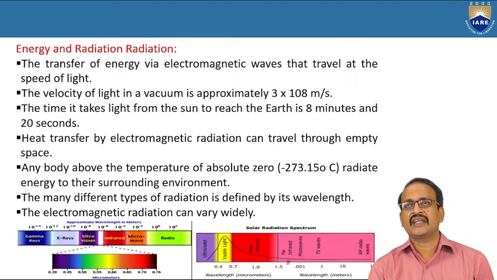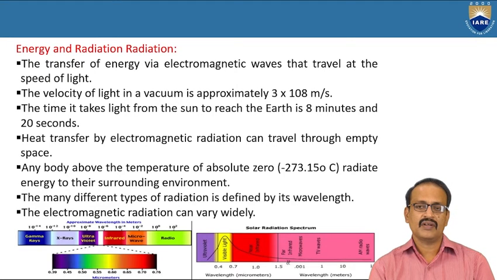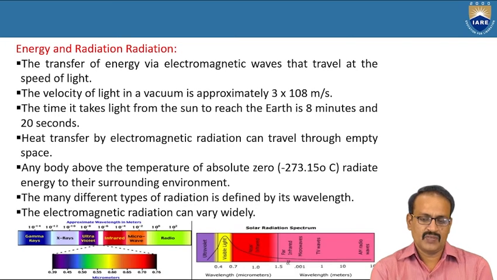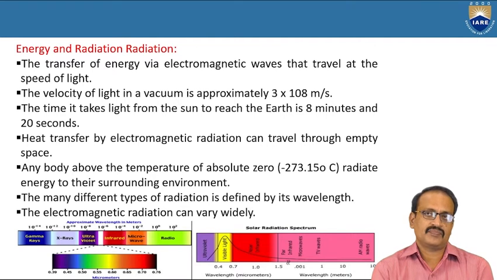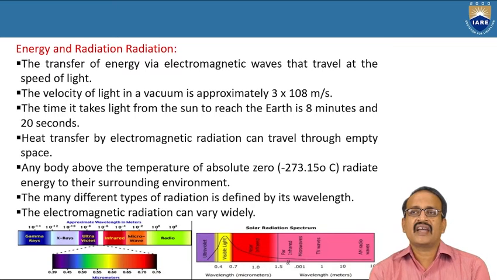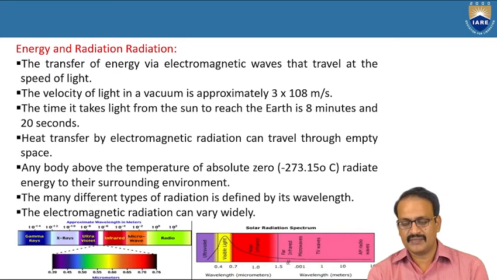If you observe the light of the sun, it is a spectrum. We can say 7 colors. Why are we getting 7 colors? We get 7 colors based on the wavelengths. Of course, its velocity is 3 into 10 power 8 meters per second, and the time taken is 8 minutes and 20 seconds.